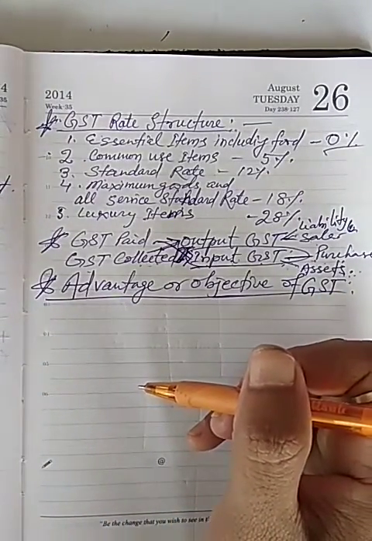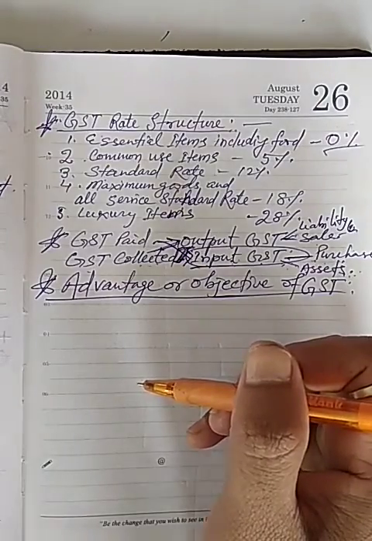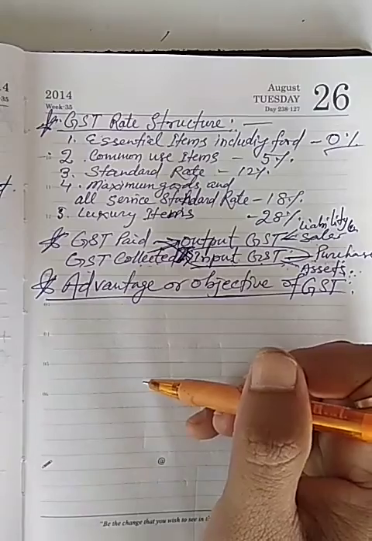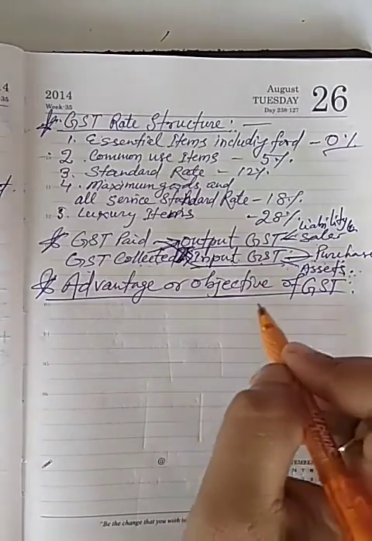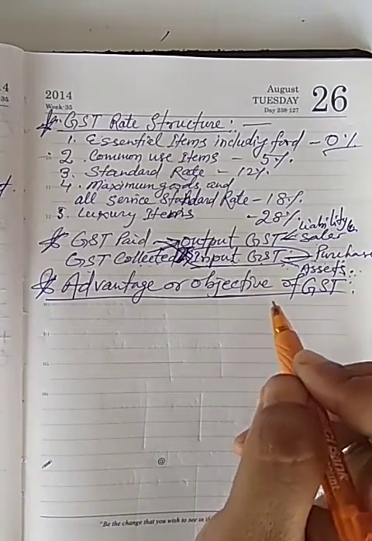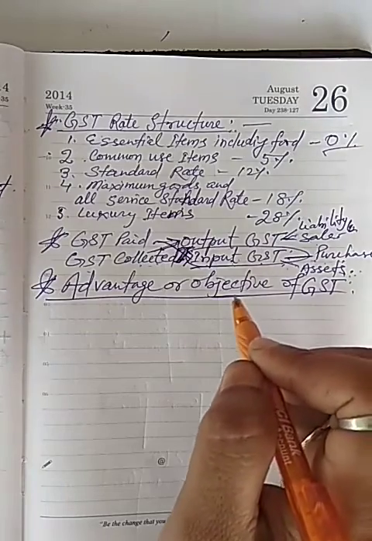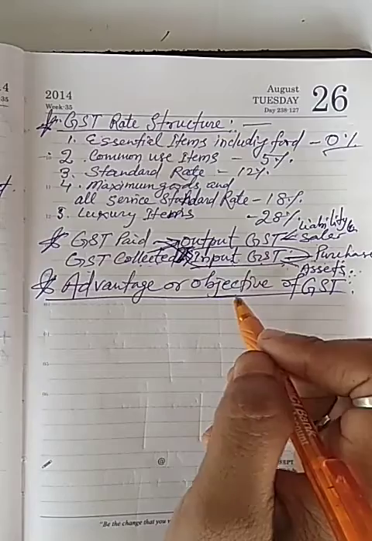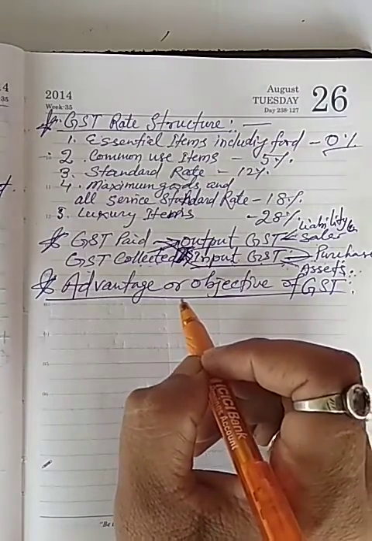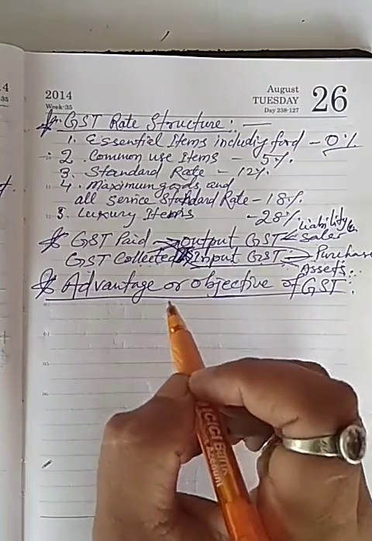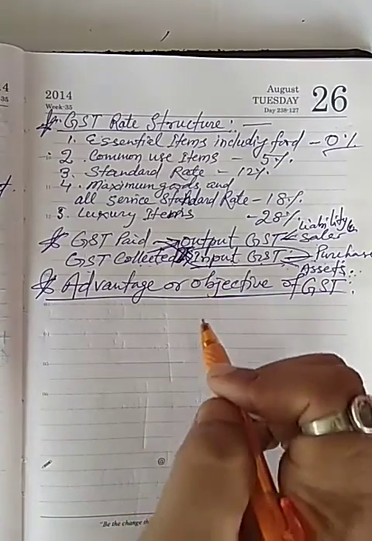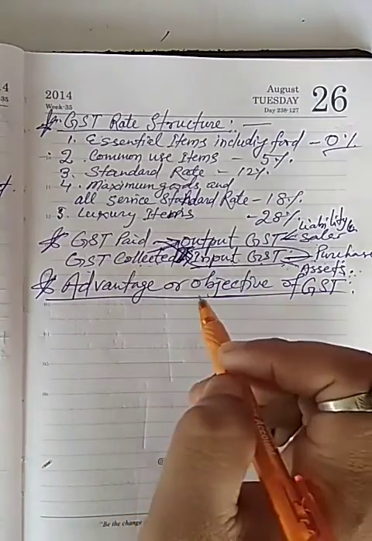The cost of goods will decrease since tax is eliminated in the GST regime. In the pre-GST regime, there were many indirect taxes levied by both center and state.